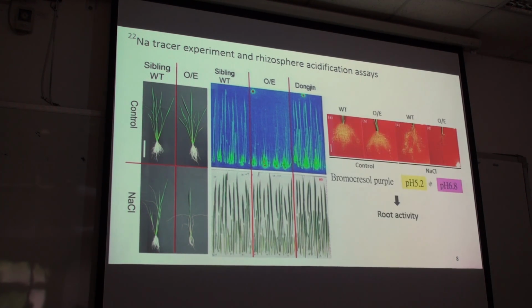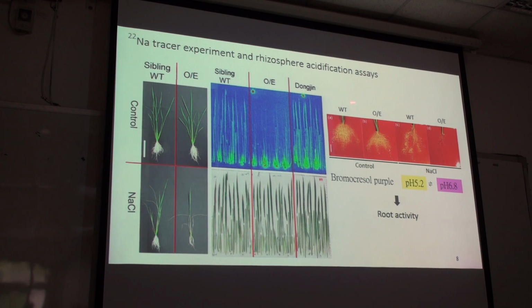They also used the rhizosphere acidification assay to detect the root activities, using bromocresol purple as a pH indicator. We know there are many proton ATPase pumps on the root surface, and the pumps can exchange protons from inside and outside the membrane and decrease the environment's pH value.